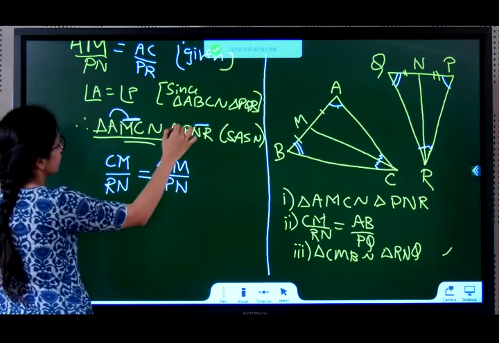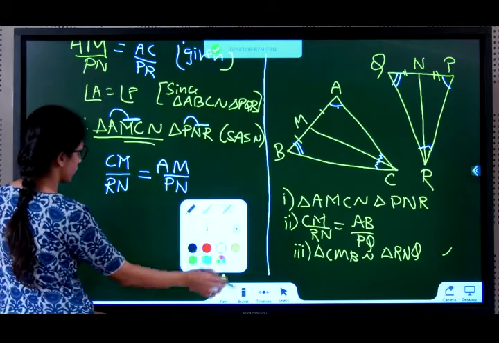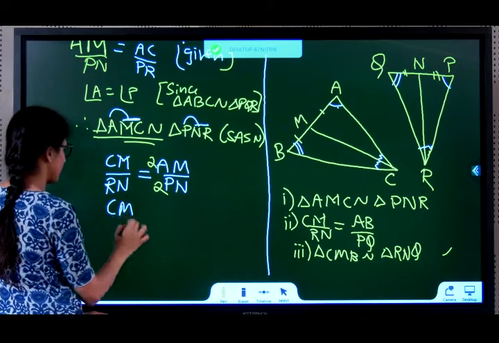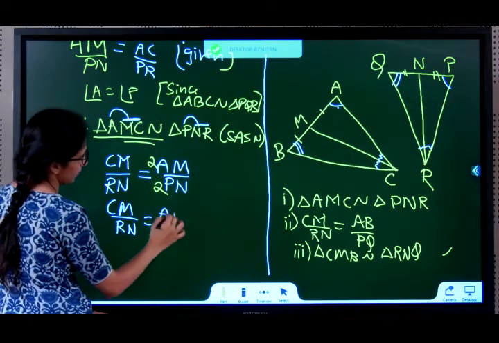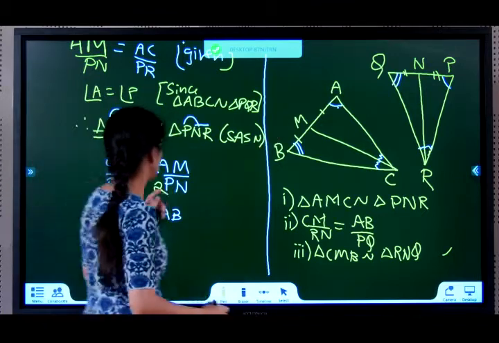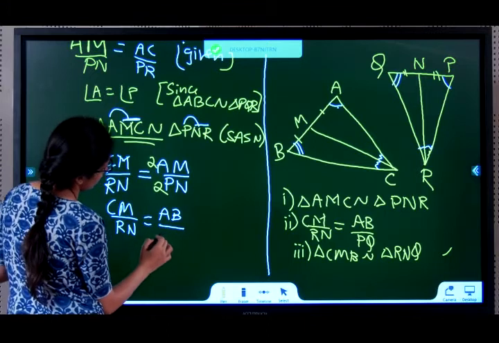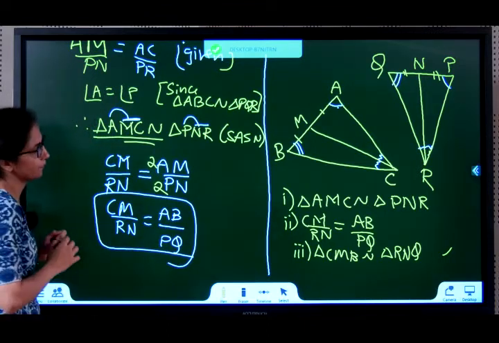Yes, I can. Multiply and divide with 2. CM by RN, 2 times AM is what? AB. Why? Because M is midpoint. 2 times PN is what? PQ. Hence, second one is also proved.